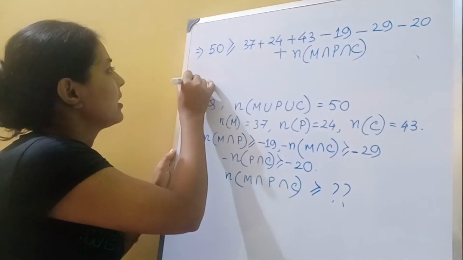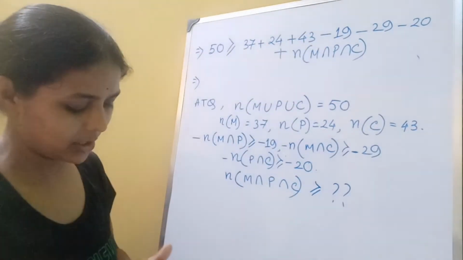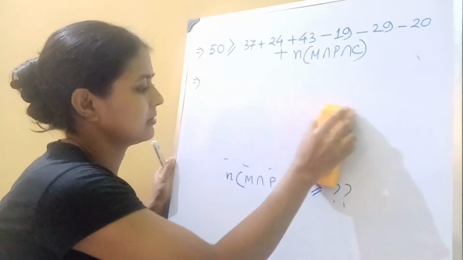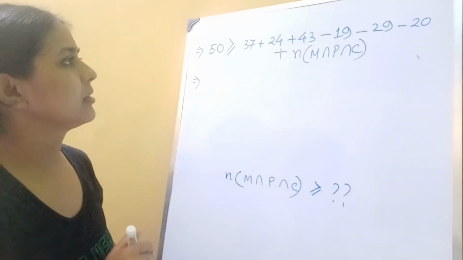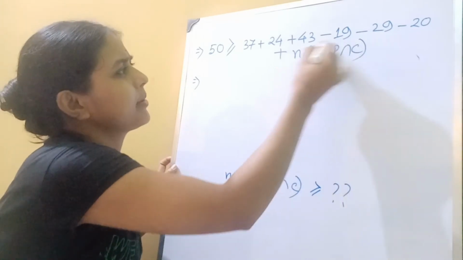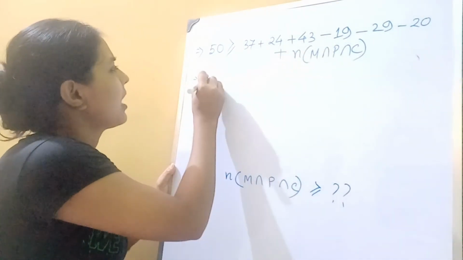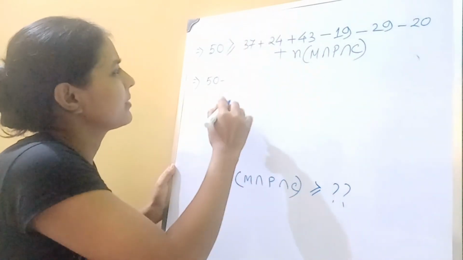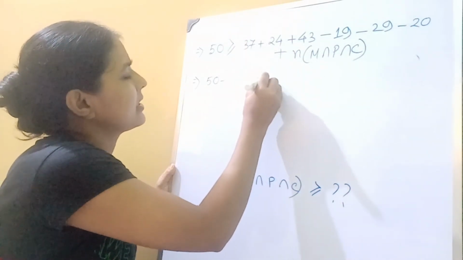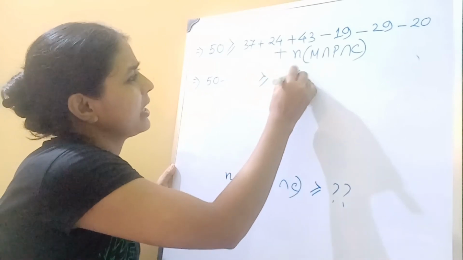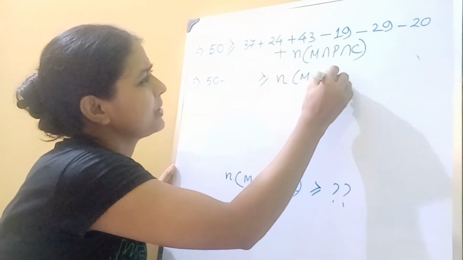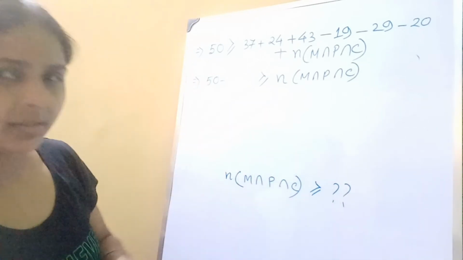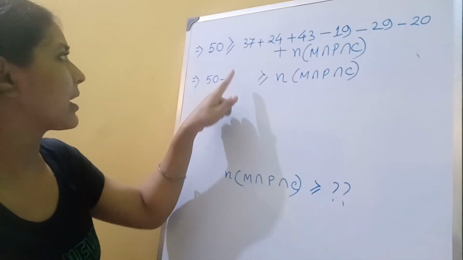Okay. Now from this inequation, we can directly find out the possible values of this. How? This is 50 minus whatever here, greater than or equal to n of M intersection P intersection C. So this value I have to calculate.